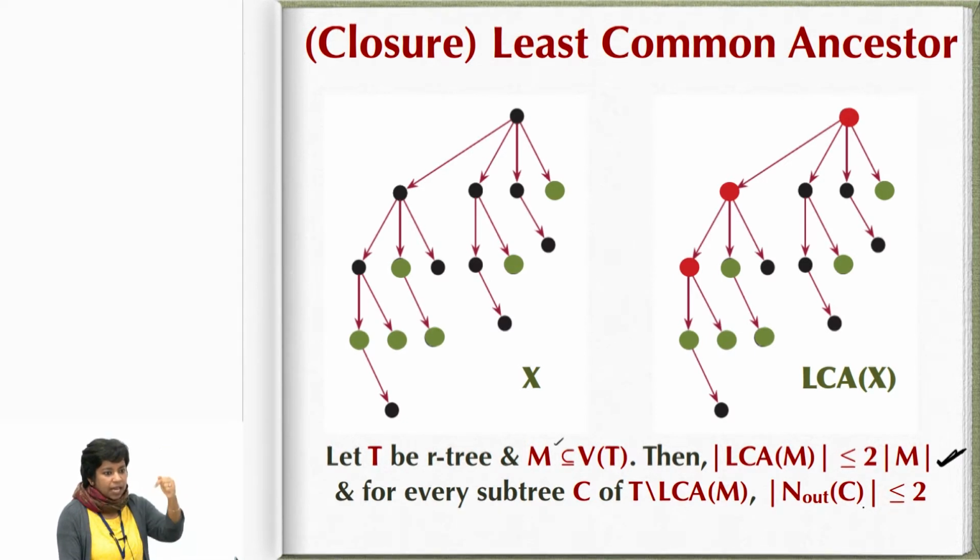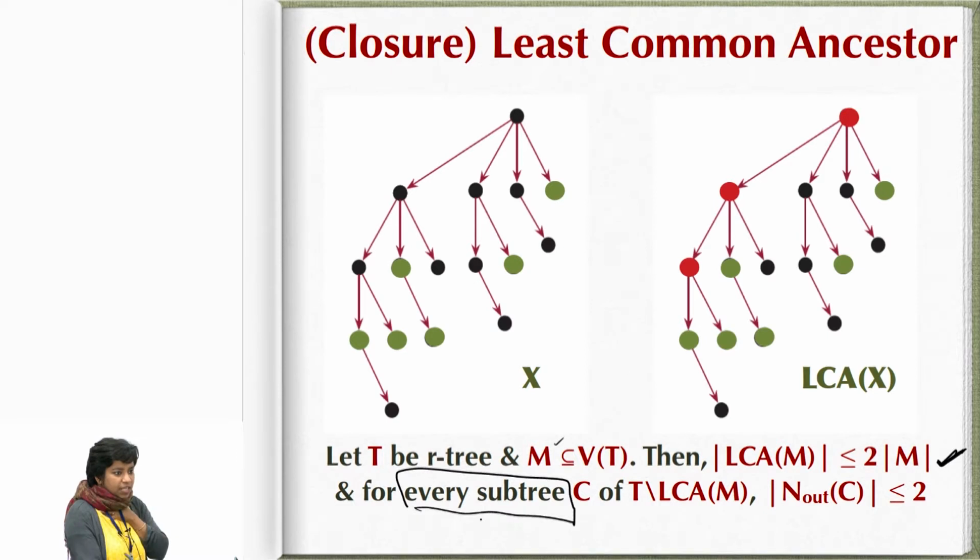Basically you can have one edge coming in, since this would also be a rooted subtree, connecting to the root, and at most one other arc leaving this subtree. That's what this says: at most 2.